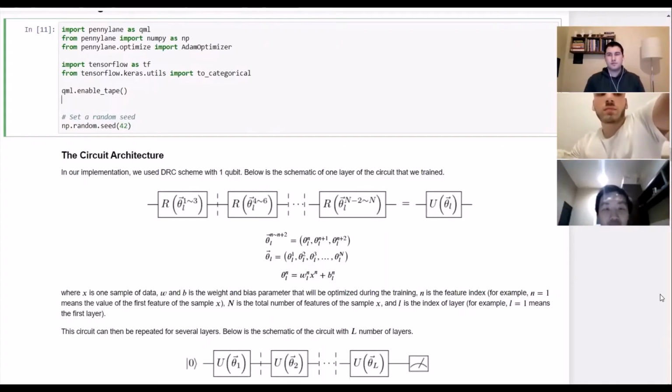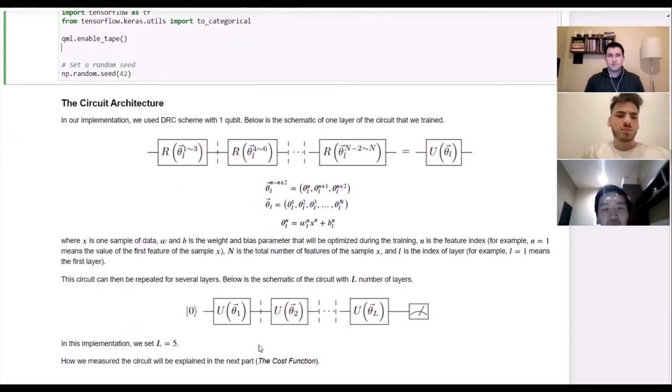So this block of circuit can be repeated several times. In this schematic, we show that the block is repeated for L number of layers, and in our implementation, we set L equal to 5.